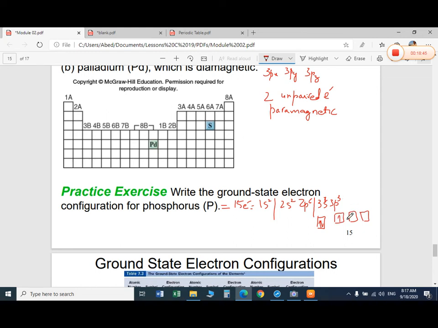All of them will remain separately with the parallel spin, and you can say here this has 3 unpaired electrons, and because of these 3 unpaired electrons, it is paramagnetic.